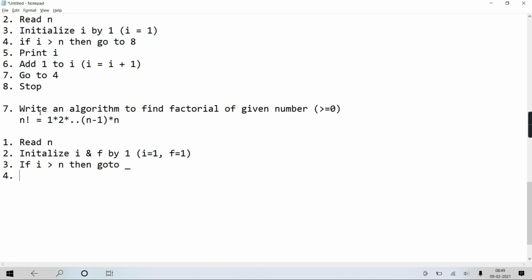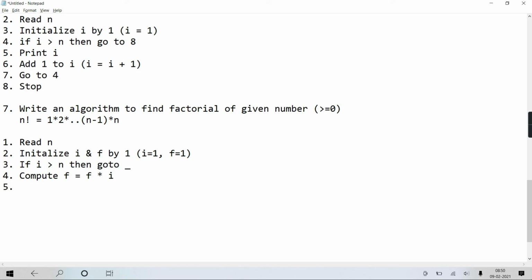But if I is not greater than n, I told you to compute f is equal to f into I. Instead of writing this in words, only this expression is also okay. So I is multiplied with f and the result is again stored in f only.